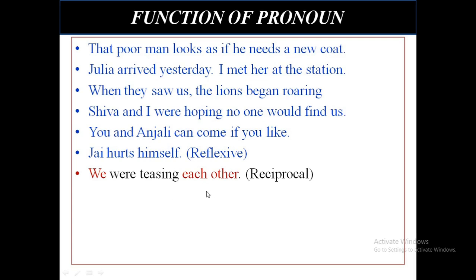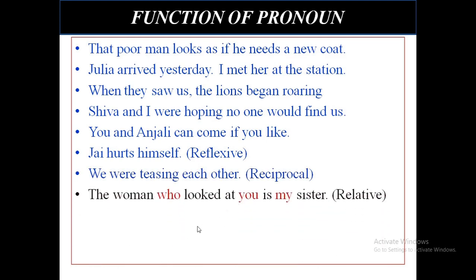They are teasing each other, one to one. So this each other refers to another pronoun, we. We is referred to by each other, so each other is going to construct its meaning based on the other pronoun we.